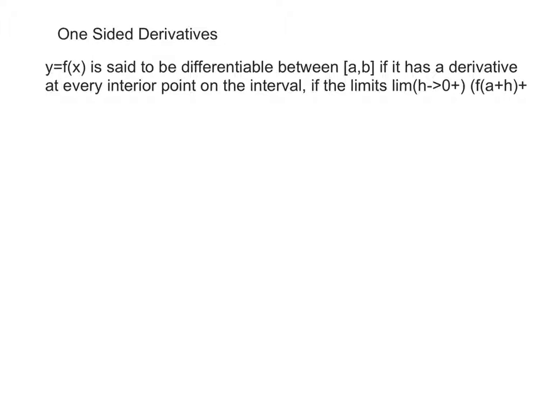Then and only then can we say that the function is differentiable on the closed interval. So I've got to prove that the function is differentiable at every point between a and b, and then I've got to prove that the derivative at a and the derivative at b, the left endpoint and the right endpoint, also exist. If I can do that, then I can say that the function is differentiable on the closed interval.